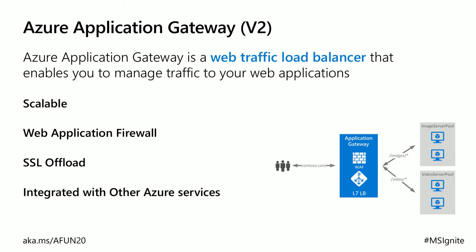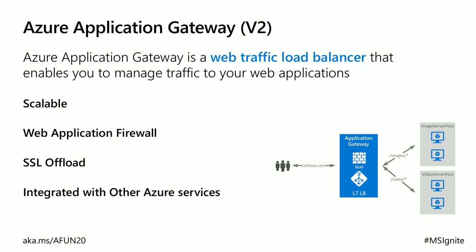One of the other options that we have when it comes to load balancers, in addition to the standard ones, is the Azure Application Gateway. This is now in version 2, and it's a web traffic load balancer that lets you manage traffic to your web applications. What's really great about this is that it's scalable, so it can auto-scale and add more or fewer resources depending on your needs and your traffic situation.